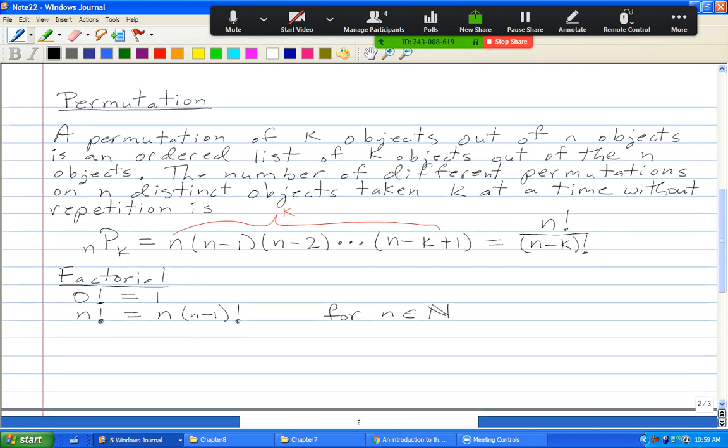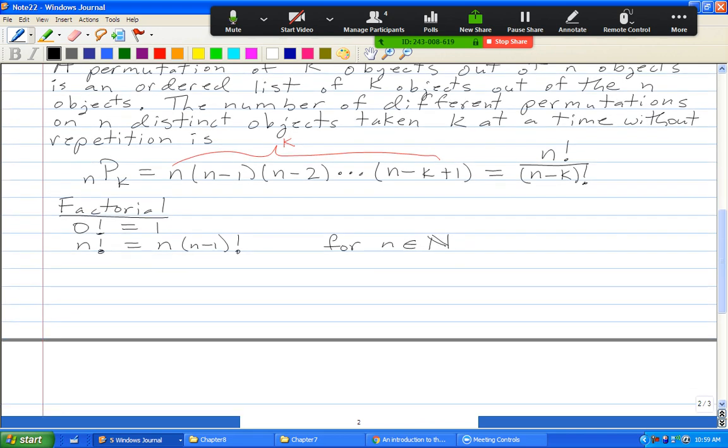So that means 3 factorial is just 3 times 2 factorial. But of course, 2 factorial is 2 times 1 factorial.